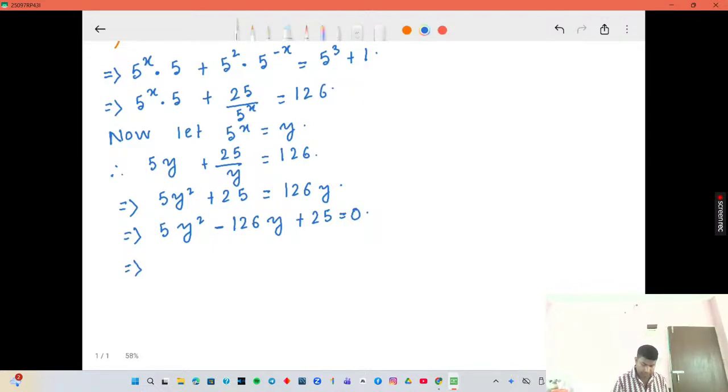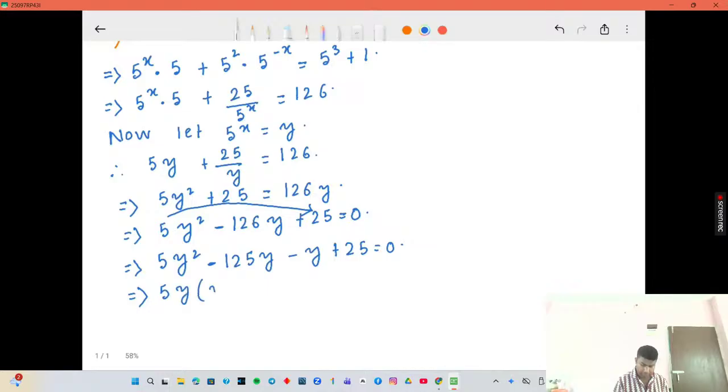Here it is 5y square. So see, 5 into 25 is 125, so 5y square minus 125y minus 1y plus 25 is equal to 0. So now we take 5y common: 5y times y minus 25, minus 1 times y minus 25 is equal to 0.